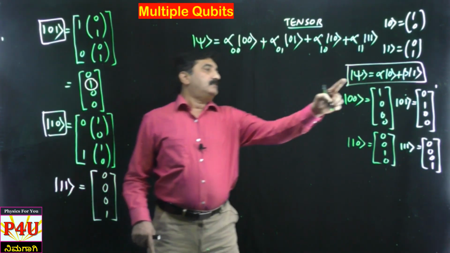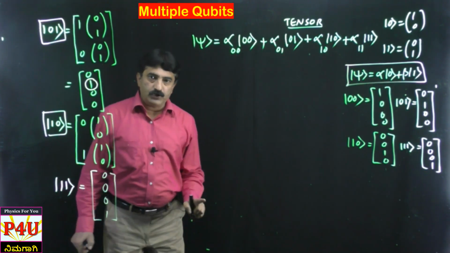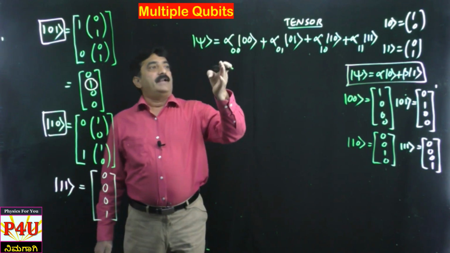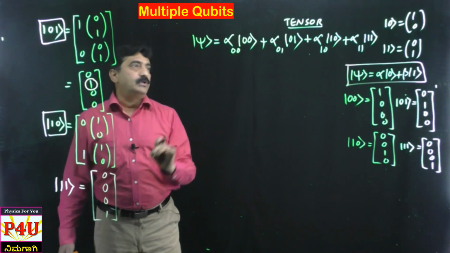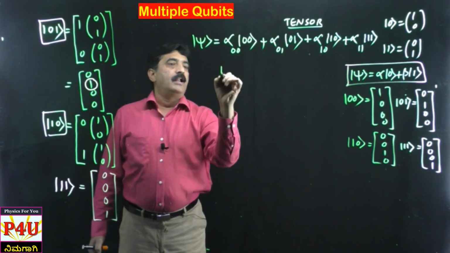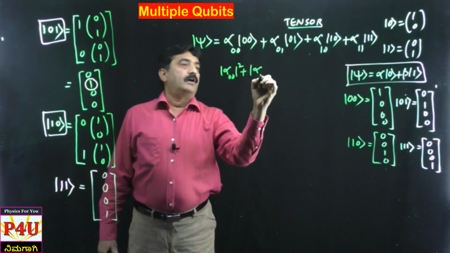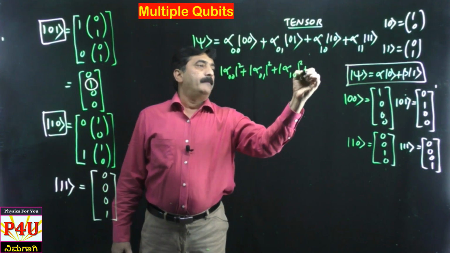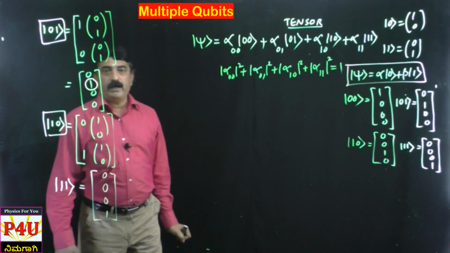And in this formula, if alpha and beta are the probability amplitudes and their modulus square is equal to 1, why not in this case? It is applicable even here also. What I mean to say, here also we can write modulus of alpha 00 square plus modulus of alpha 01 square plus modulus of alpha 10 square plus modulus of alpha 11 square must be equal to 1.